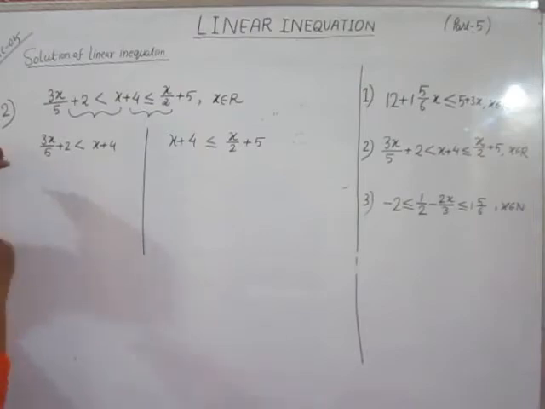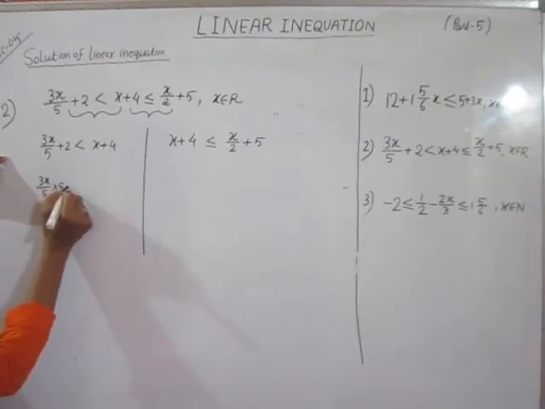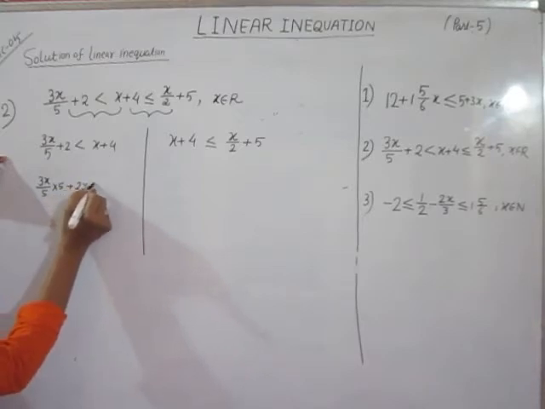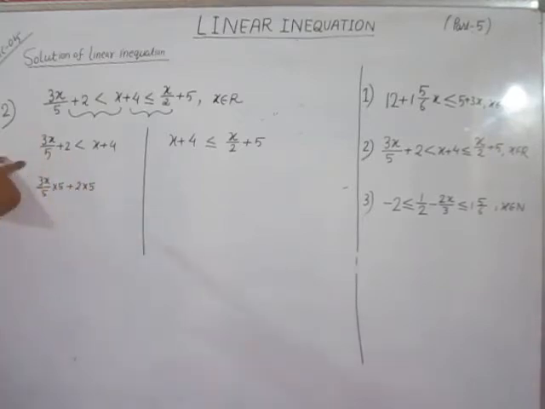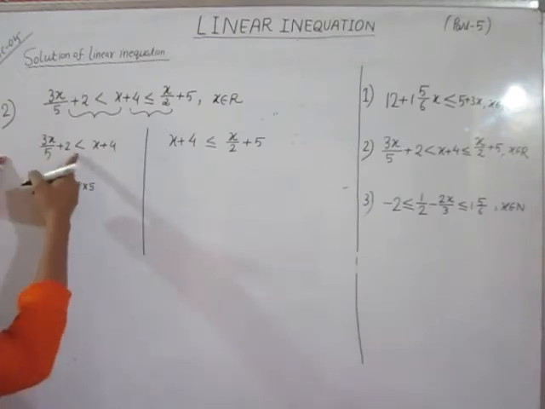Now solve it. To solve it, first of all we have to remove the fraction. The first step is to remove the fraction if it is there in the question. So here 5 is in the denominator, multiply both sides by 5. So it will be 3x/5 into 5 plus 2 into 5. Now when an inequality is multiplied by a positive number, the sign of the inequality remains the same.